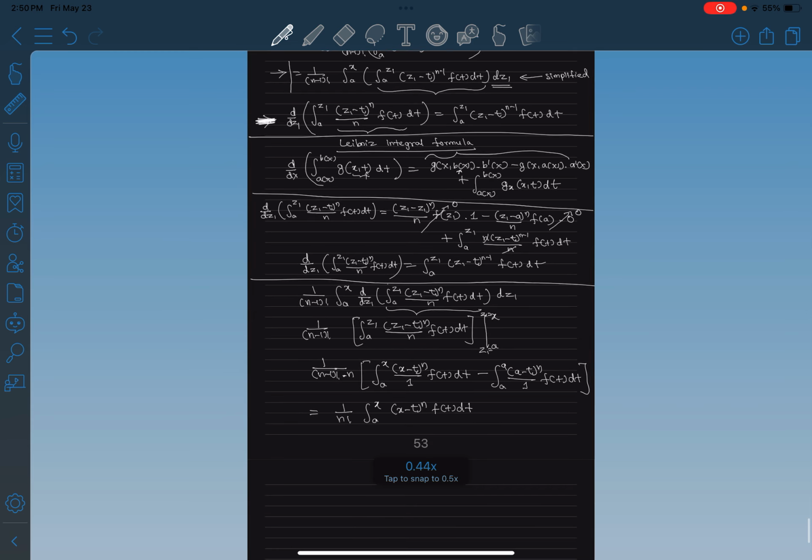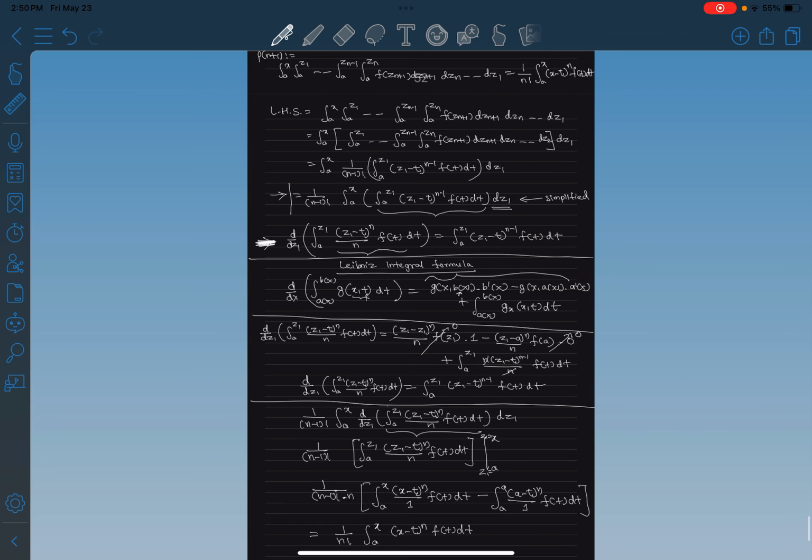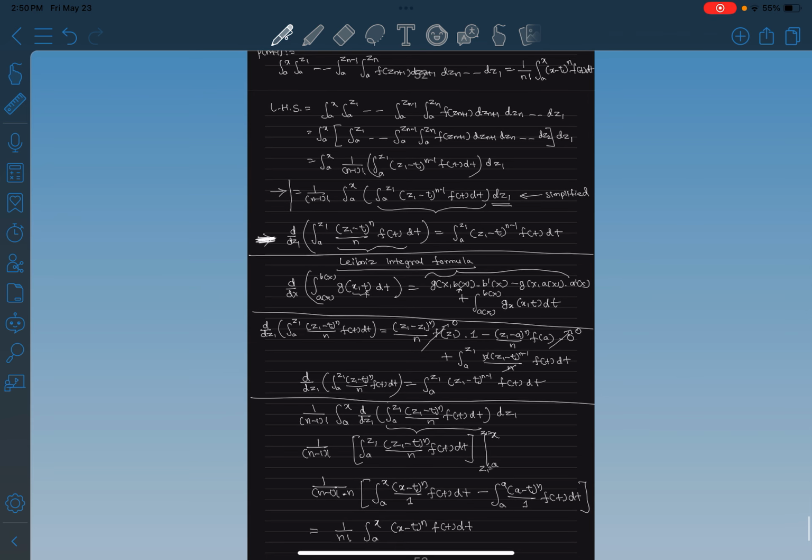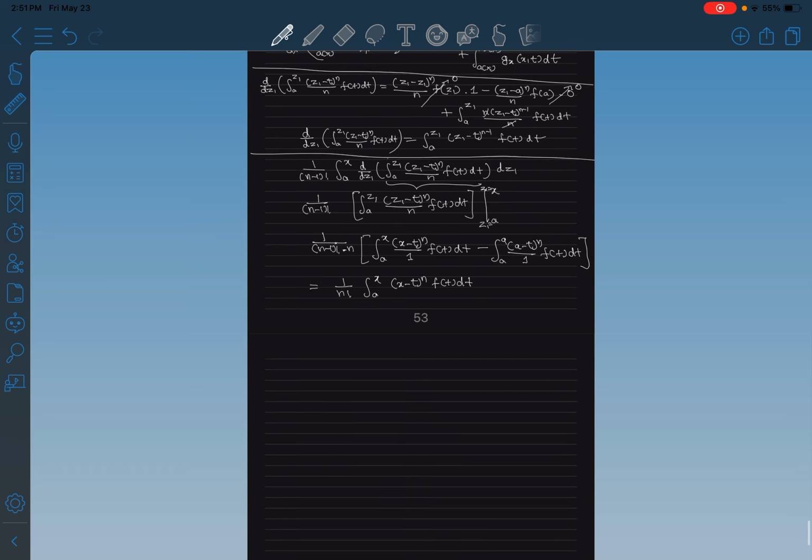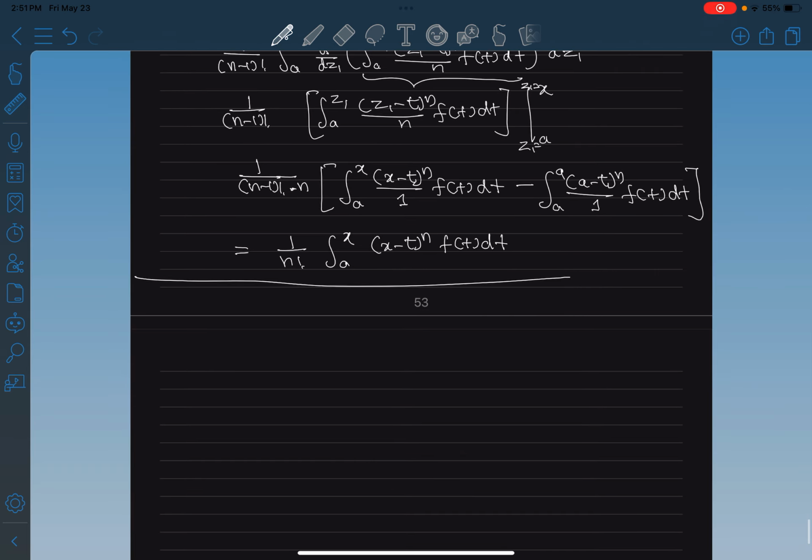And I think that is exactly what we needed to prove in the P of n plus 1 case: 1 by n factorial, integral from a to x, (x minus t) to the power n. Yeah, that's exactly what we needed to prove. Since P of n plus 1 is proved, assuming P of n, we proved P of n plus 1.